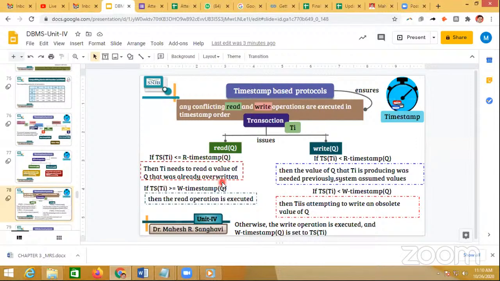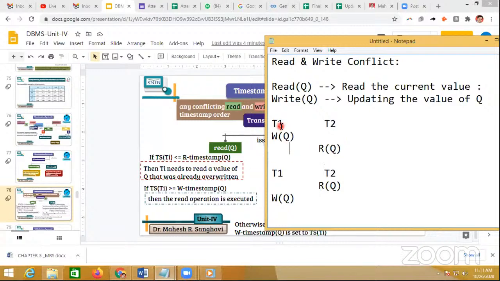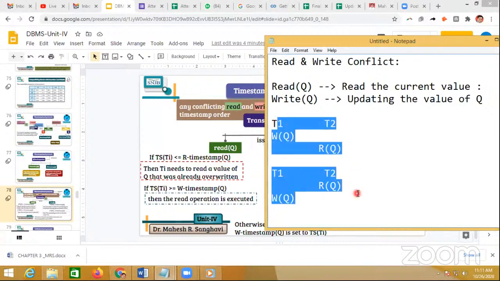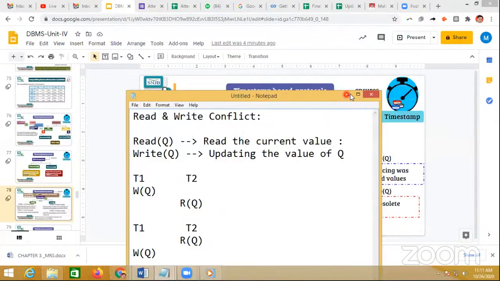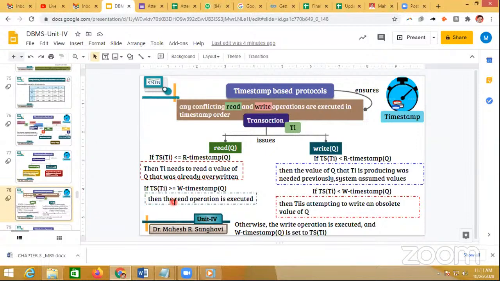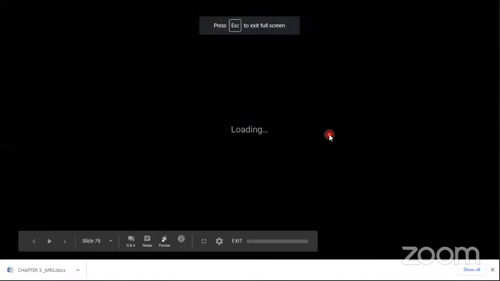That is, the value that T1 has written is the value it should read. You need to understand this. So just by observing these steps, you can observe when to read and when we can swap the instructions. You need not focus on the earlier way, but you can use this timestamp to manage this. I hope it is clear.